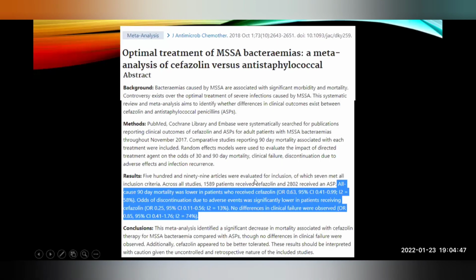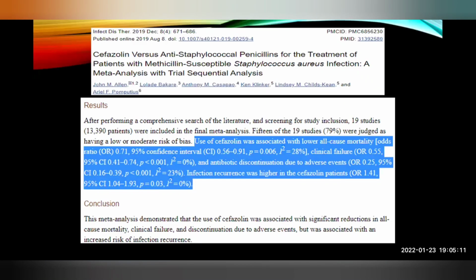Here they have seen that in the group receiving cefazolin, the 90-day all-cause mortality was lower, and as I have mentioned, the odds of discontinuation due to adverse effects like nephrotoxicity were much lower in patients receiving cefazolin, and there was no difference in the clinical failure which was observed.